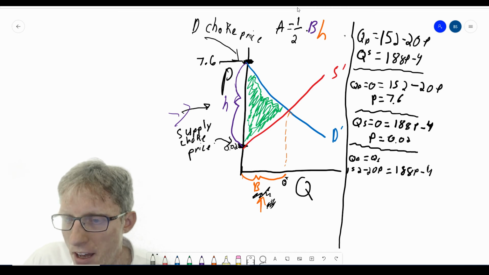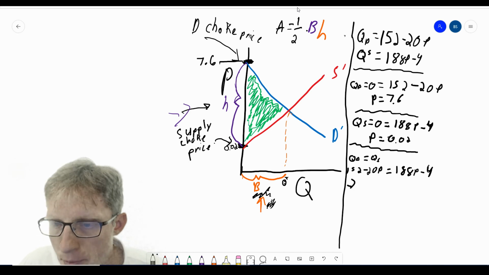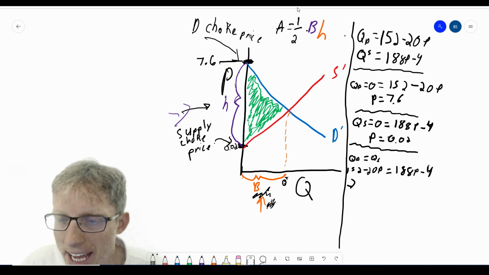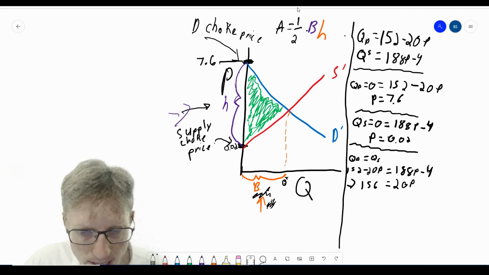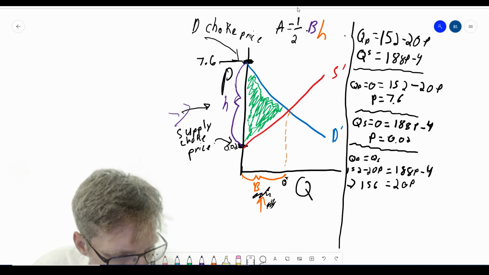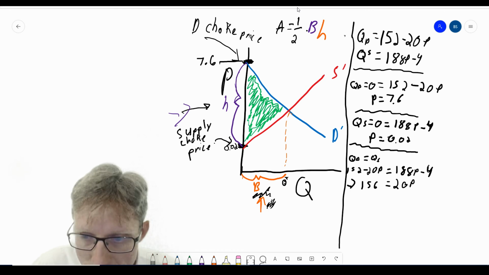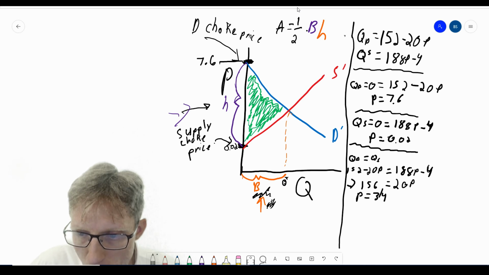Okay, so instead what we want to do is add 4 to both sides and add 20p to both sides, which would give us 156 is equal to 208p, or the price is equal to 3/4, or 0.75.